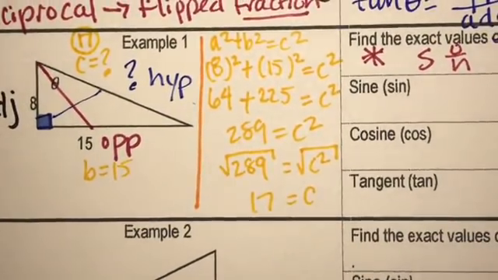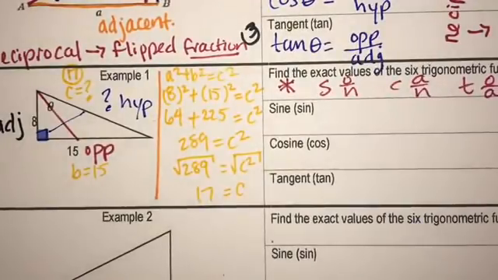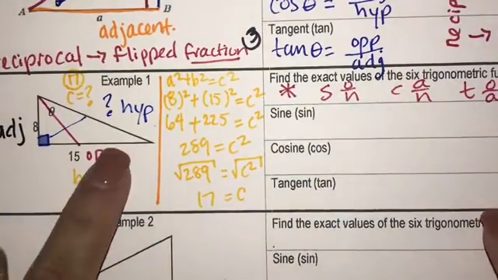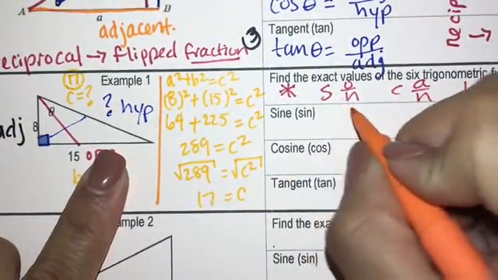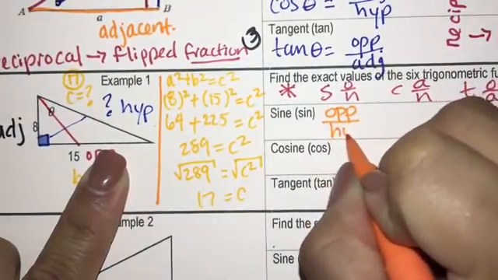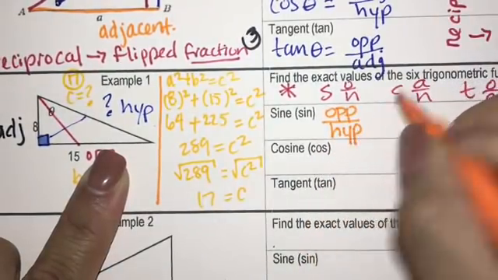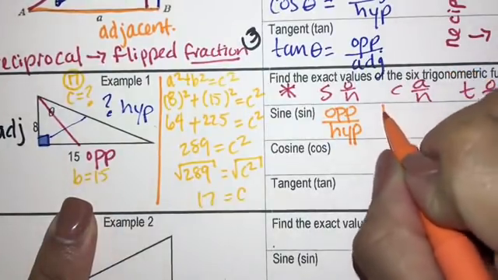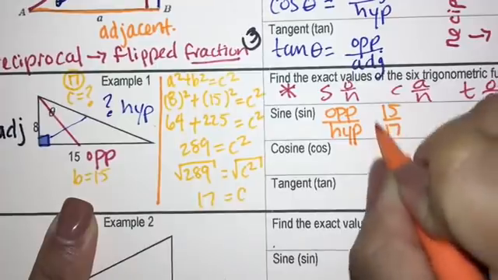Okay, so let's go ahead and fill out our trigonometric identities. Sine is opposite over hypotenuse. Our answer is going to be 15 over 17.